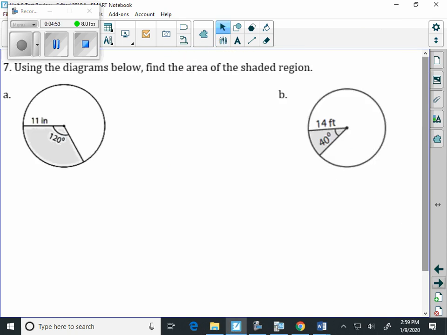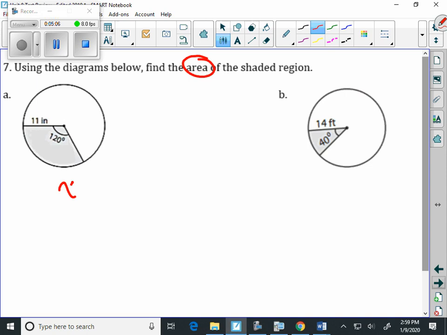The difference from 6 to 7 here is that we're finding the area this time of the shaded region. So it's going to be a similar setup. It's still going to be x over, well, this time we're going to use the area formula, which is pi times the radius squared. In this case, the problem has a radius of 11.